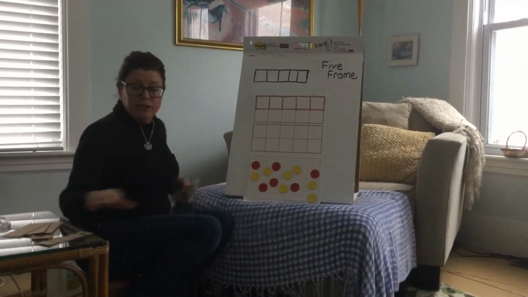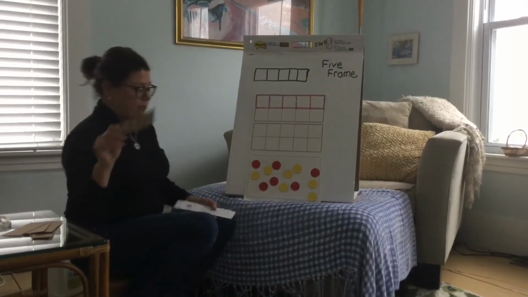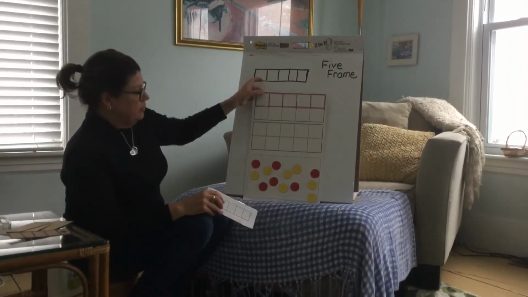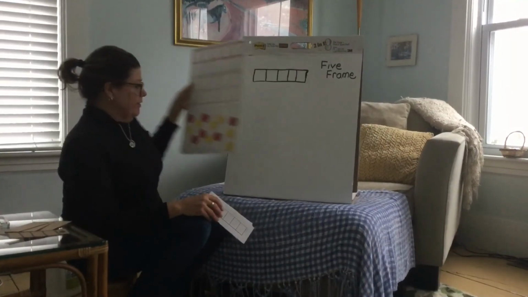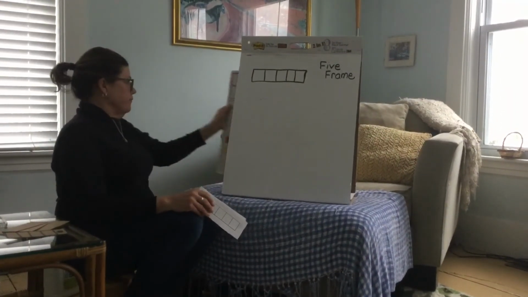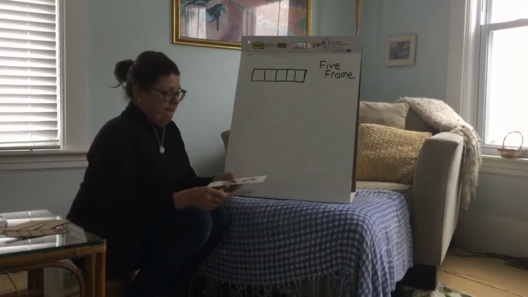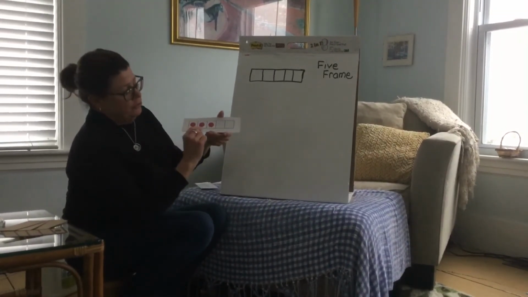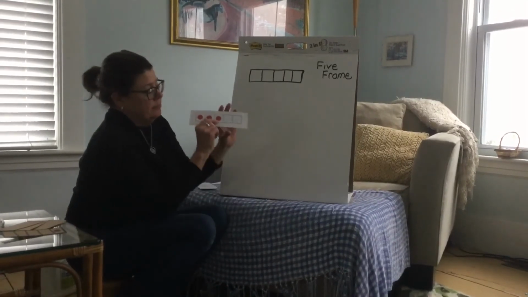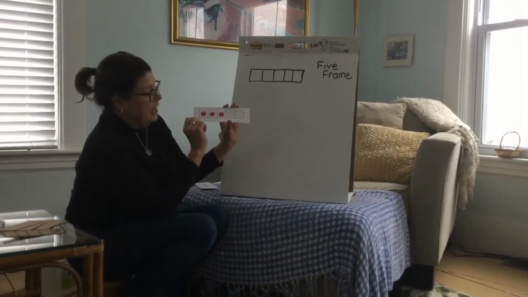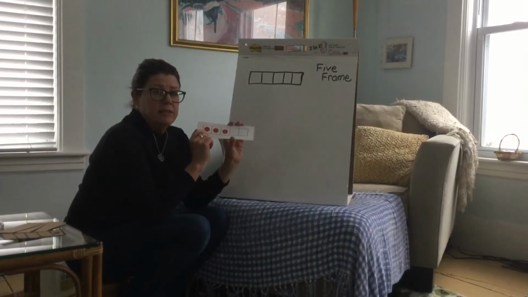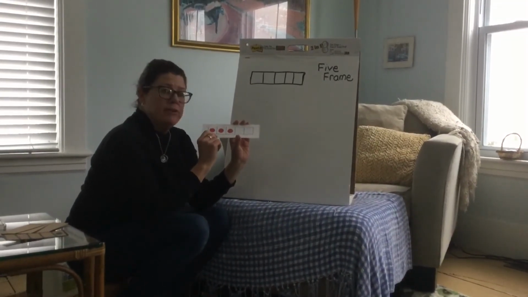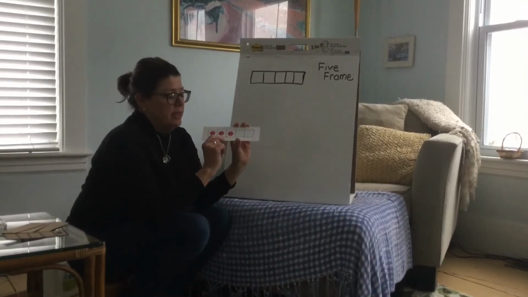I'm going to show you how to use your homemade 5 frames in order to do some of the activities I just showed you with this magnetic 10 frame board. Here's 1, 2, 3 dots. You can start by asking your child, how many dots? It's perfectly fine for your child to come up and count and touch the frames.